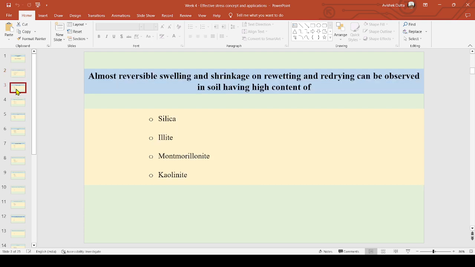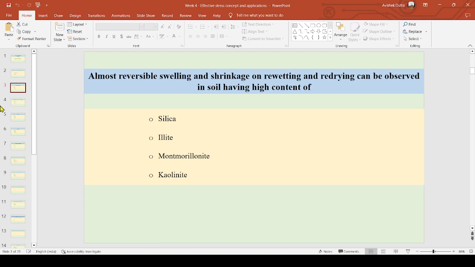Next question. Almost reversible swelling and shrinkage on rewetting and redrying can be observed in soil having high content of.